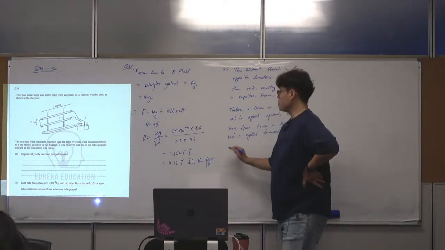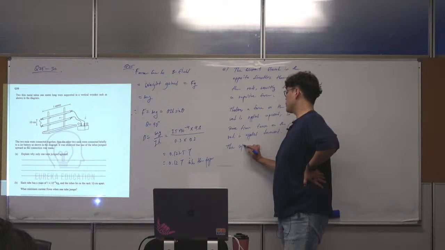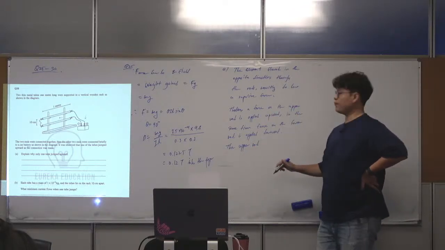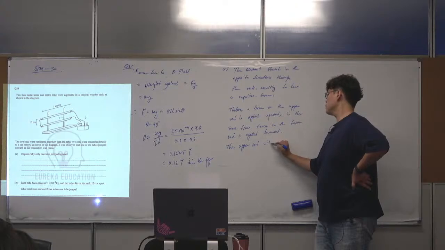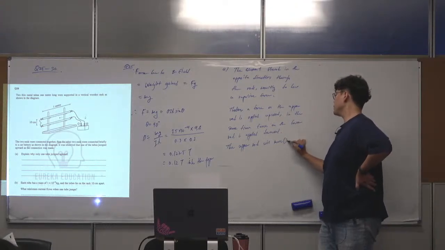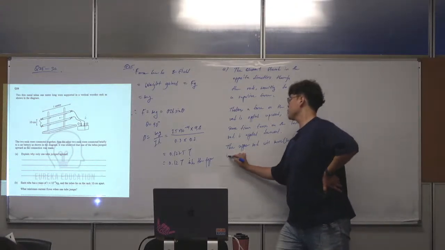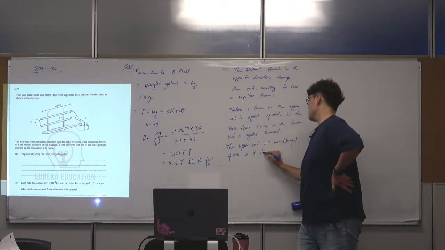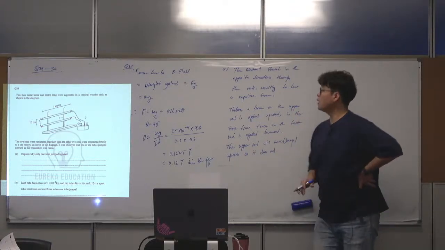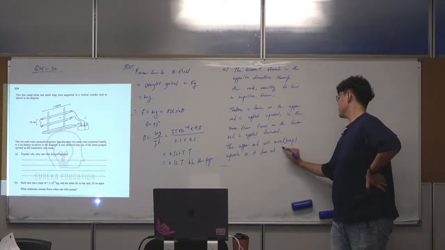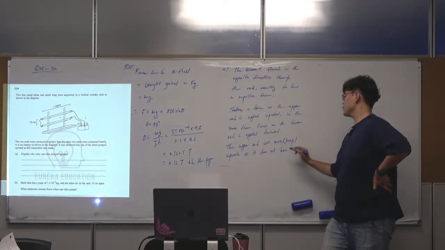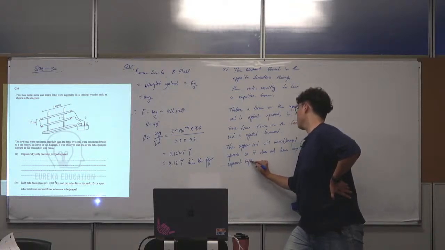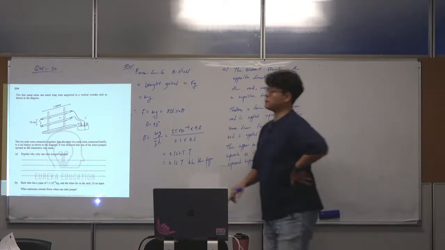The upper rod will move or jump upwards as it does not have any upward support, as you can see from the diagram there.